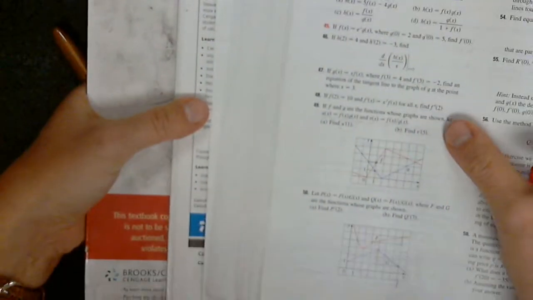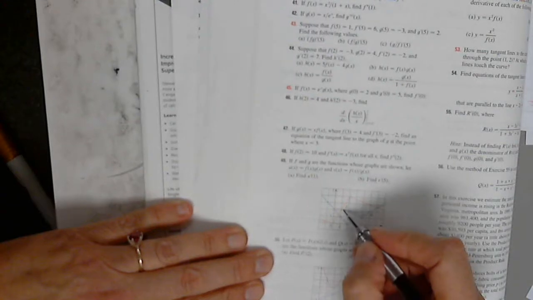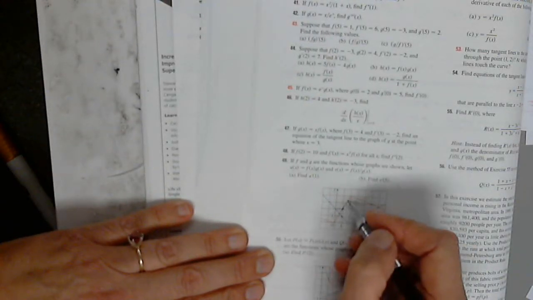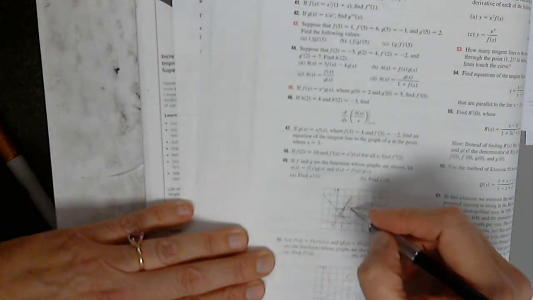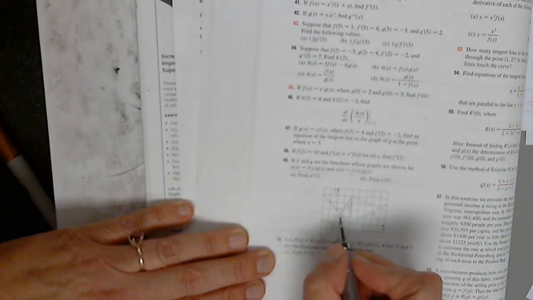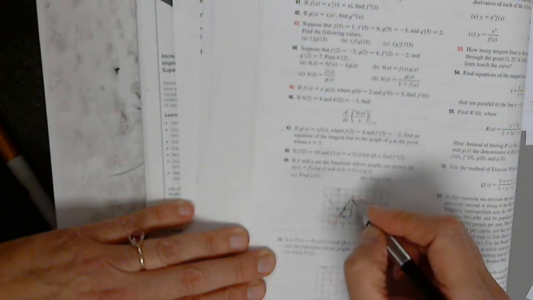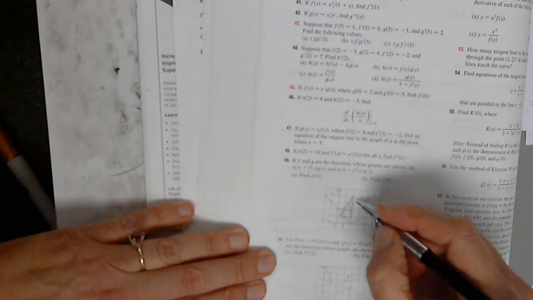Now, I need to determine f prime of 1. What does f prime of 1 mean? Yes, so this is the point, f prime of 1, and I'm trying to determine the slope here. I'm going to form a right triangle. So basically the best thing to do is to form a right triangle through the corners of the grid. So here's a corner, here's a corner, here's a corner.